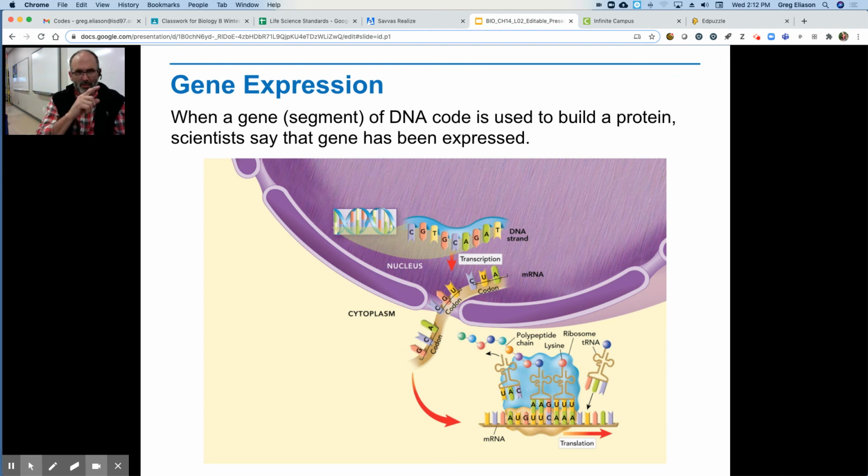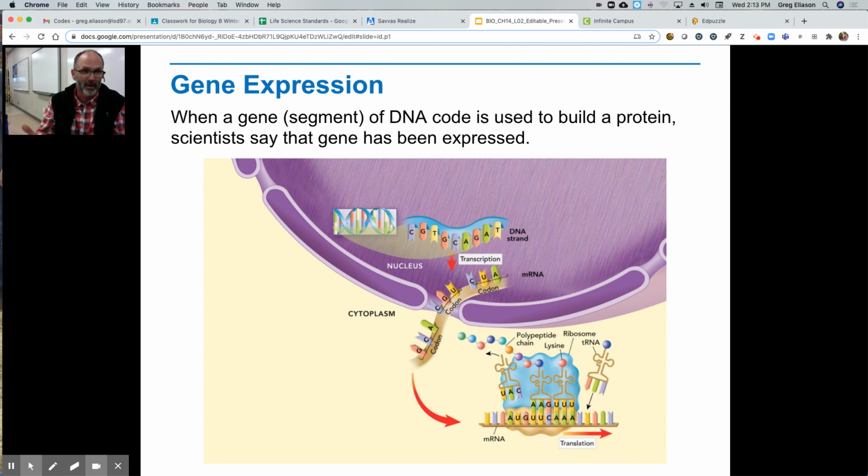So we express a gene called lactase, which is a protein that breaks apart lactose when you eat lactose. You probably all know someone who's lactose intolerant. Well, we produce this enzyme when we're young. We express this enzyme when we're a baby so we can digest milk.